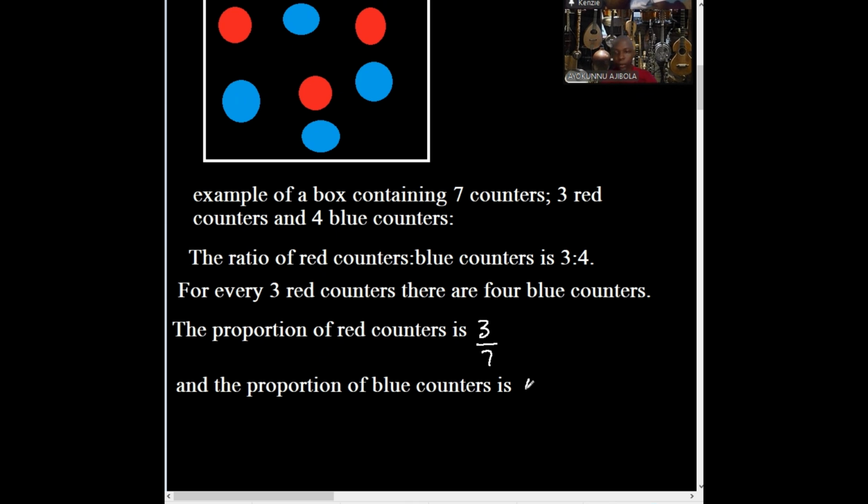So 3 out of every 7 counters are red, and 4 out of every 7 counters are blue.